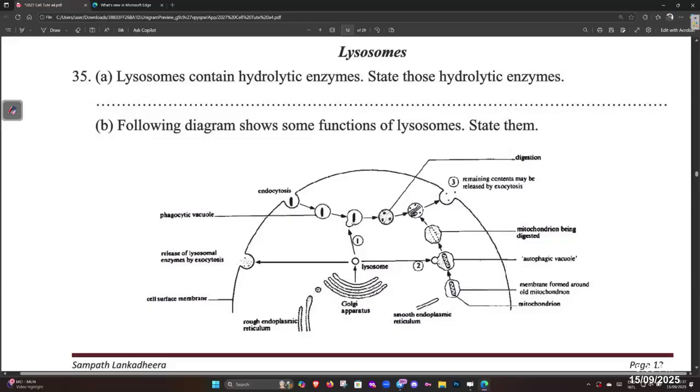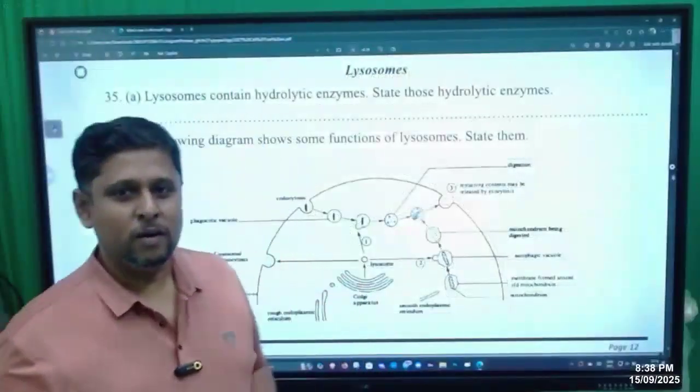We can say nucleases, carbohydrases, lipases, and proteases, but we'll go according to the resource book statement: they are enzymes that break down carbohydrates, lipids, nucleic acids, and proteins.